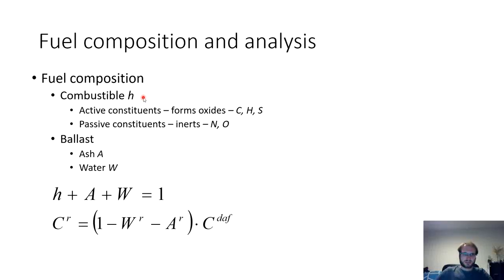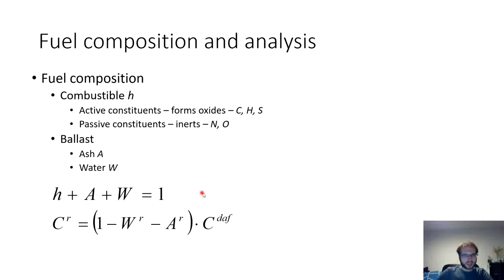There is the combustible part, which we denote as H, which contains the active constituents, the components that form oxides and that release energy when burning. Then the passive constituents, which are also released into the gaseous form, but they don't produce oxides, they don't release energy, like nitrogen and oxygen. Then there is ballast, which is the ash and water.